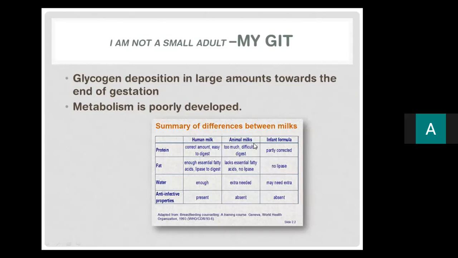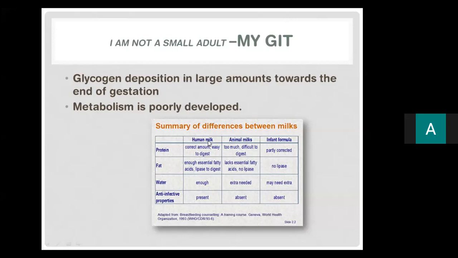When you look at the animal milks and the formula, they have a lot more protein and fat compared to human milk, and that impacts the time taken for digestion.